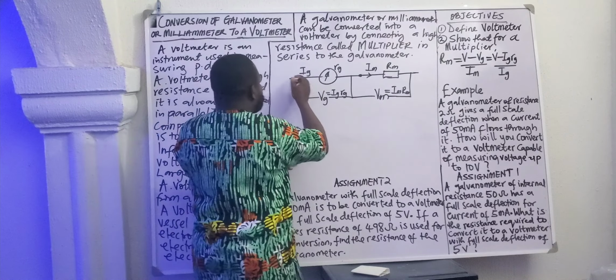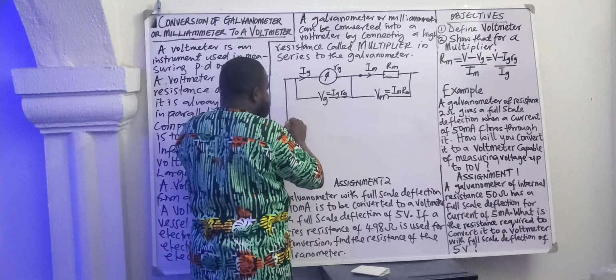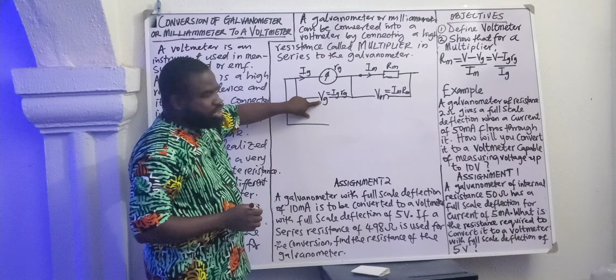Now, we want to convert this galvanometer into a voltmeter. Mind you, this PD of the galvanometer is a very small value. But now we want to pass a bigger value across this galvanometer.